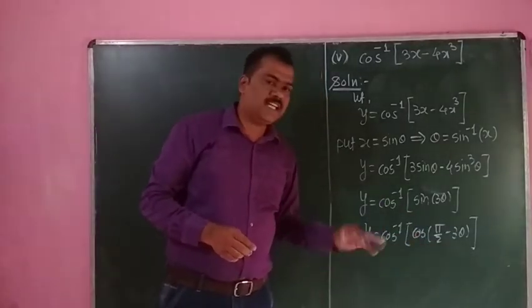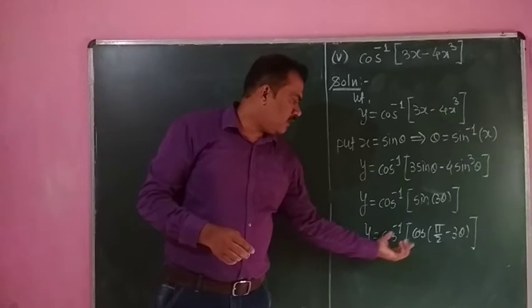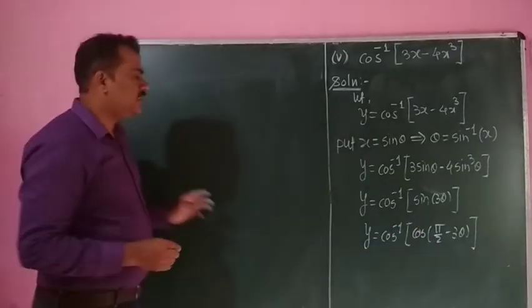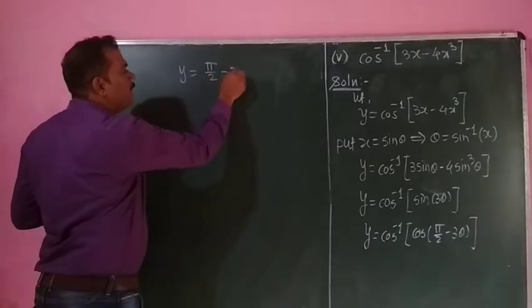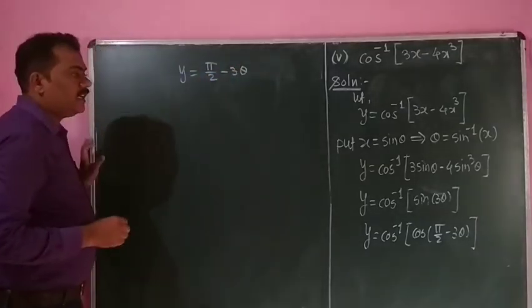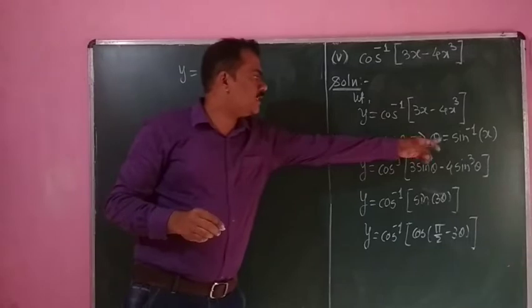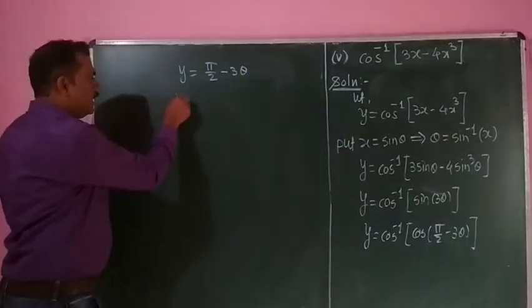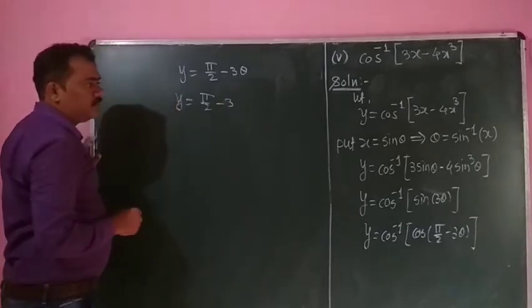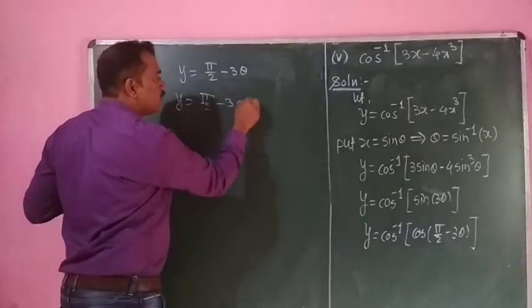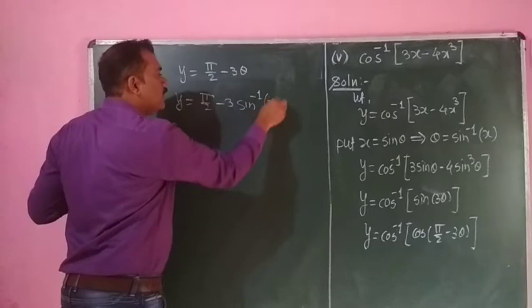Cos inverse cos get cancelled, so the value of this is pi by 2 minus 3 theta. So we get y is equal to pi by 2 minus 3 theta. What is theta? Theta is nothing but sin inverse of x. So we can write y is equal to pi by 2 minus 3 times sin inverse of x.